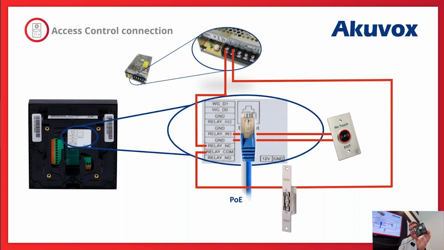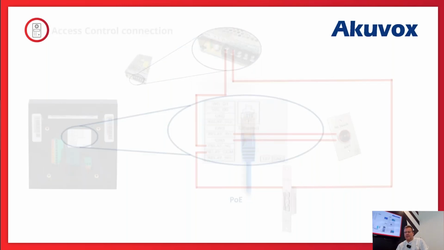It has this connector at the back, and all of these are power over Ethernet. The only thing that you need is a 12-volt or any type of power supply to open the door. Configurations are in here. So let's move on.